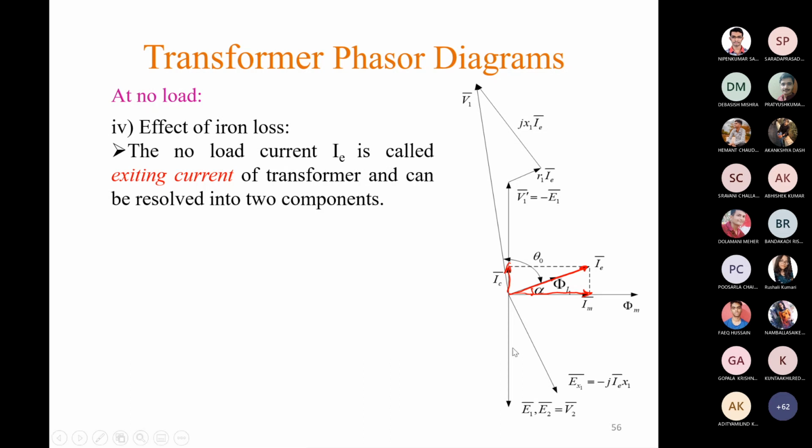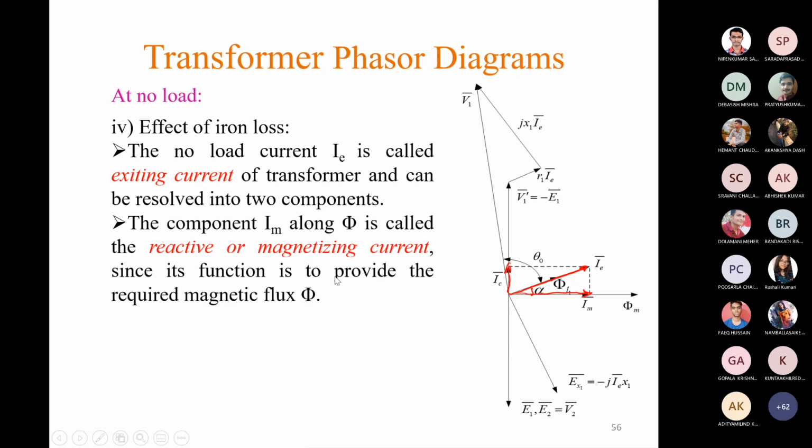The component which is in phase with the flux phasor is called the reactive or magnetizing current component, and it is responsible for the production of flux phi.